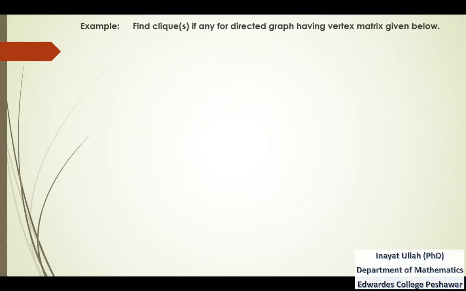Example: find the clique or cliques, if any, for the directed graph having vertex matrix M equal to this one. We see here that this matrix has 4 rows and 4 columns, so it means that there are 4 vertices of that directed graph.